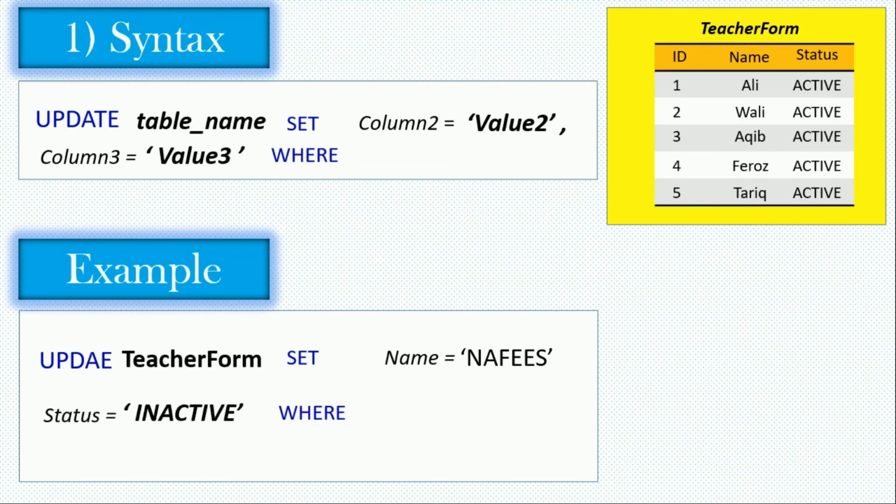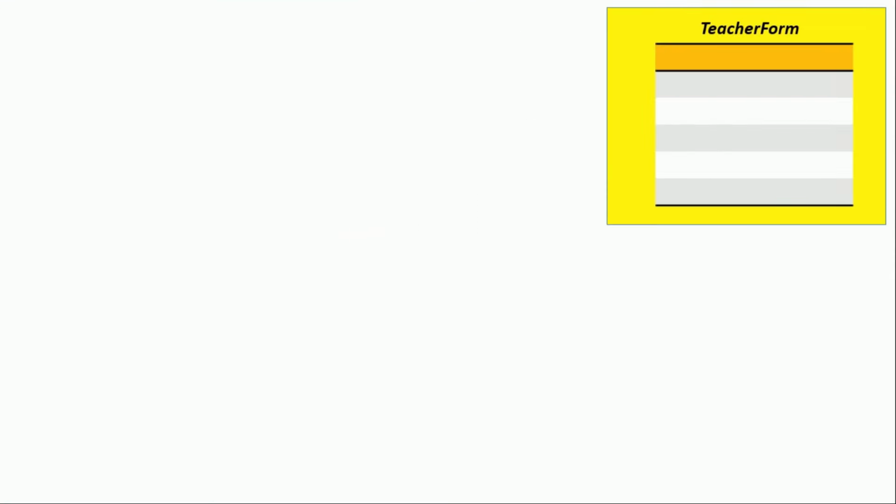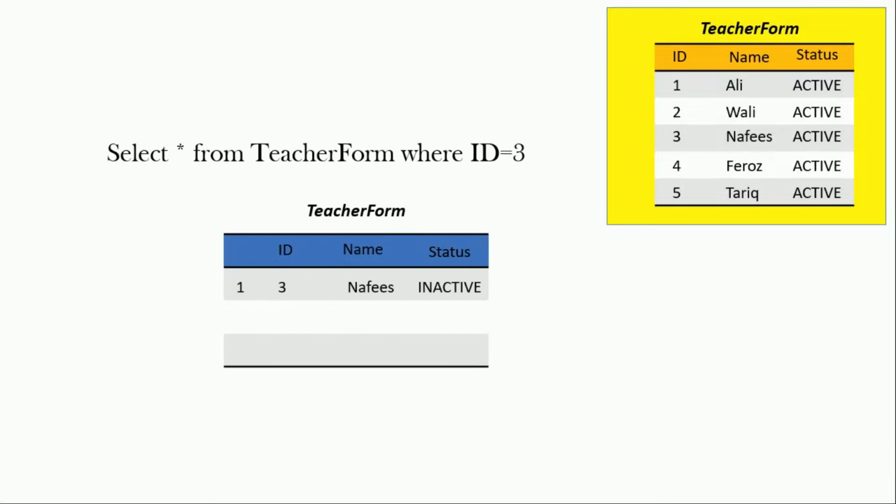The where says only change the row where the condition is ID equals to 3. When I run my query in the database, the row ID 3 will be updated. When I fetch my data through a select statement to see whether my data is updated or not, you can see in the result set your data has been updated through the update command.